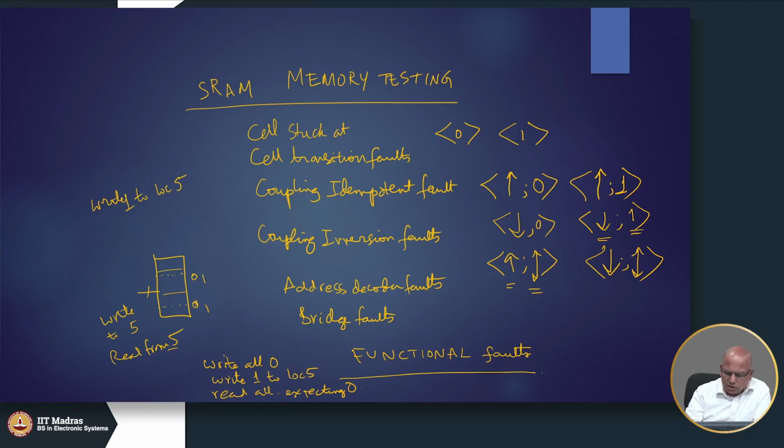We have to see how we can write the fewest number of tests which will uncover a number of faults. So there is no hard and fast functional test algorithm. There are many functional test algorithms.